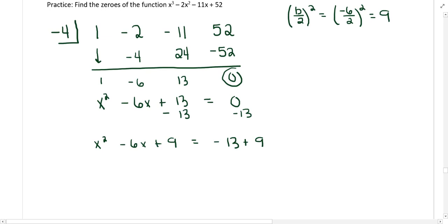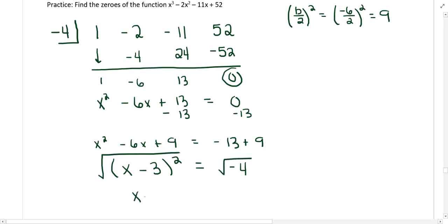Then I'm going to factor this. X squared minus 6x plus 9 gives me x minus 3 squared. Get that perfect square trinomial there. -13 plus 9 gives us -4. Okay, then take the square root of both sides so we can solve this.